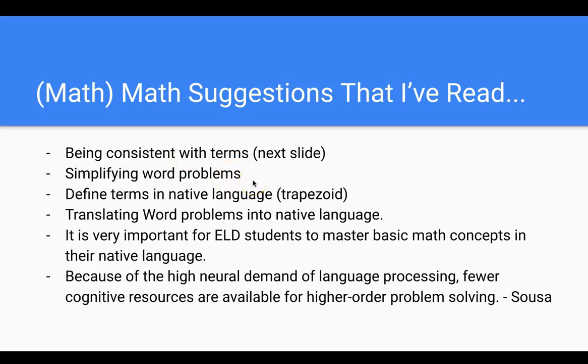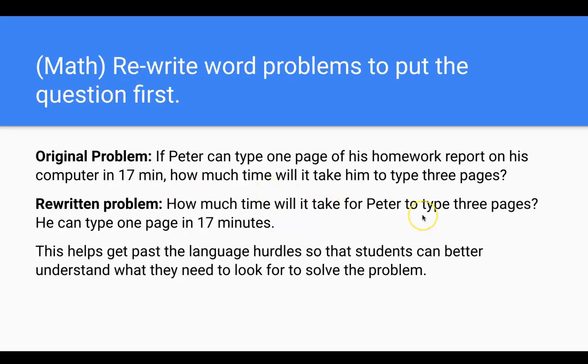Simplifying word problems. Oftentimes there are a lot of words that an EL student has to get through before the question is asked. The original problem was: if Peter can type one page of his homework report on his computer in 17 minutes, how much time will it take him to type 3 pages?